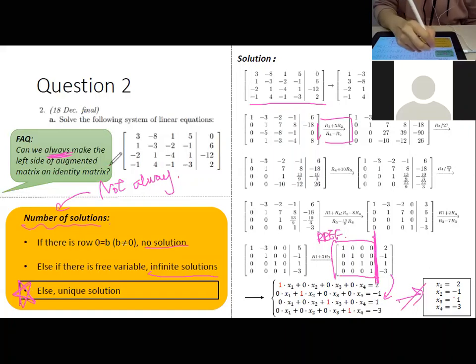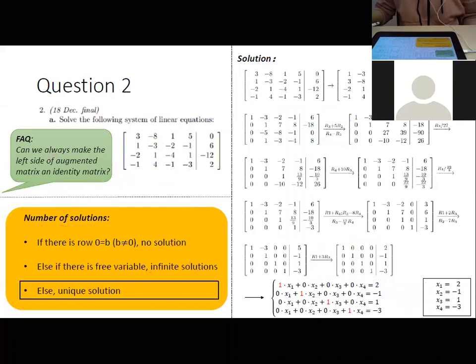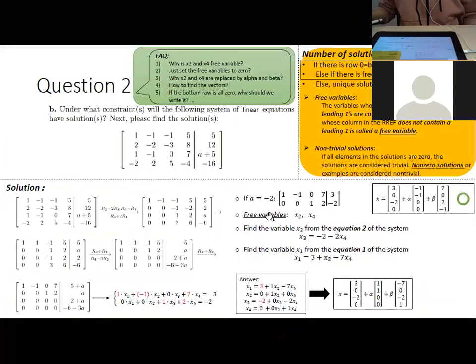So the answer is, if the system of linear equations has only a unique solution, then the left side of the RREF matrix will be an identity matrix. That's the answer for this question. And then we move to the next page.